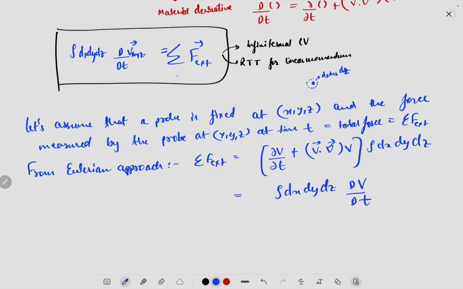Now you can see that this equation, this is summation over f external, and this equation are identical.